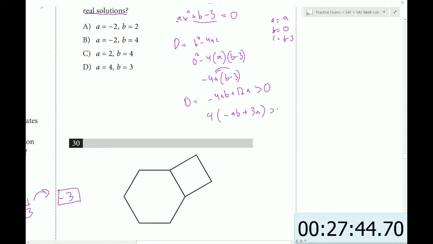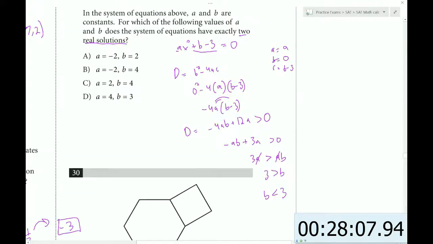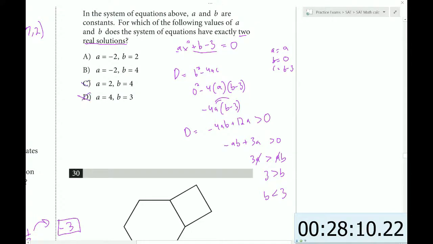Then divide by 4, so you just get rid of that 4 altogether. And then if we add ab to both sides, 3a is greater than ab. Then, assuming a is not equal to 0, which all the choices indicate, we can divide by a on both sides, canceling it out. And we need 3 to be greater than b. In other words, if we pancake that, b would have to be less than 3. So we cannot have any of these choices. We'd have to have choice A.